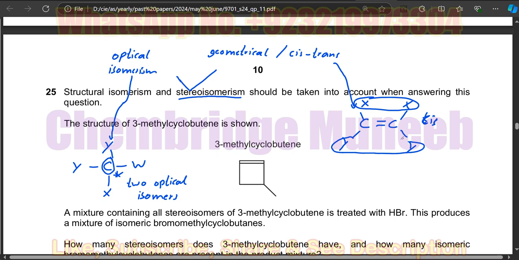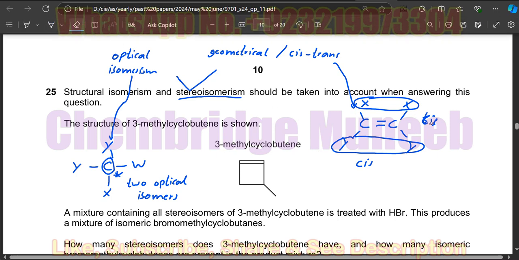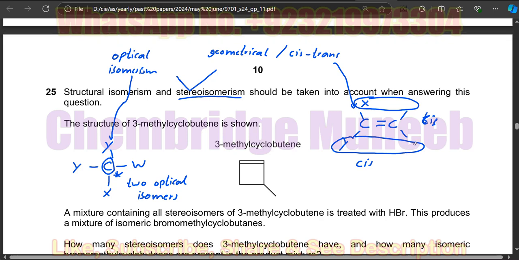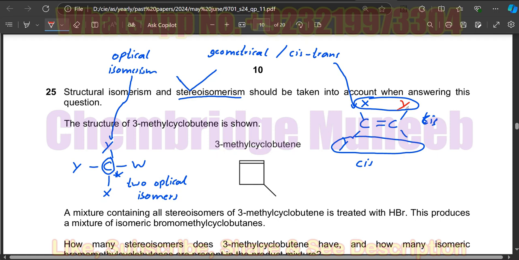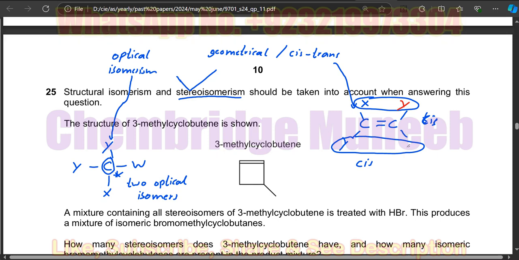When the X's and Y's are on the same side, this is the cis isomer. And trans will be when either X or Y alternates its position. In this case, Y is positioned here and X is positioned here, so this becomes the trans isomer.